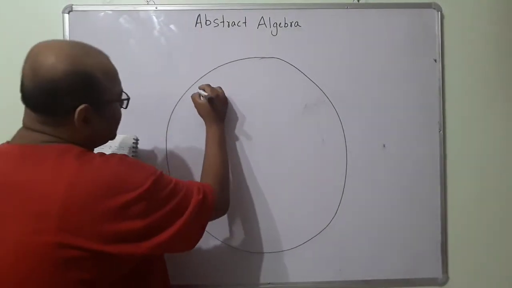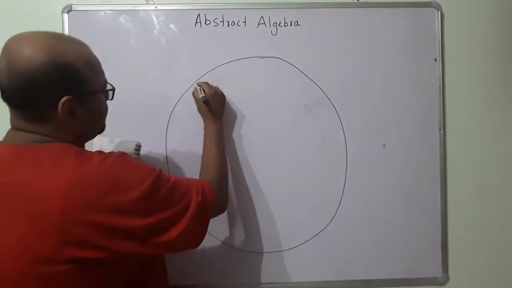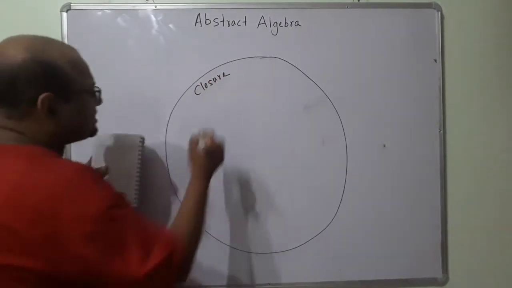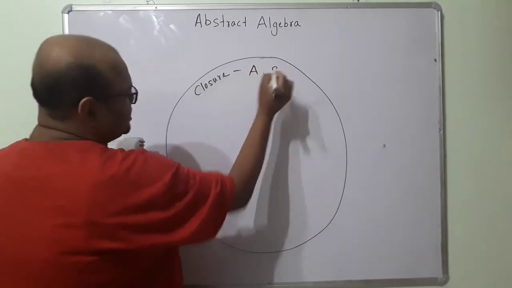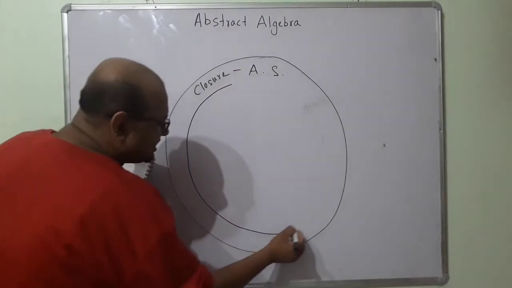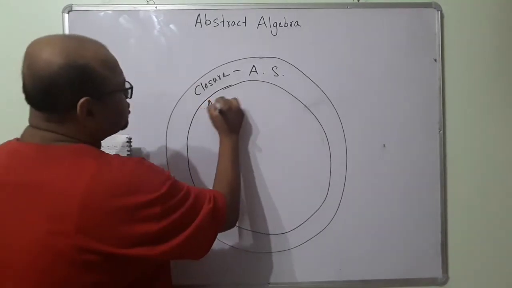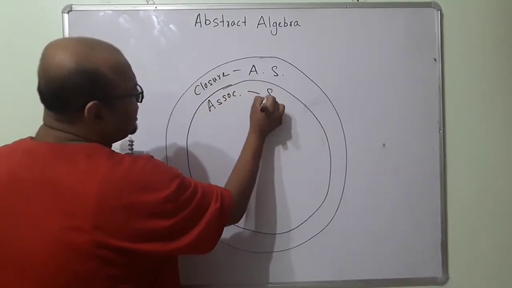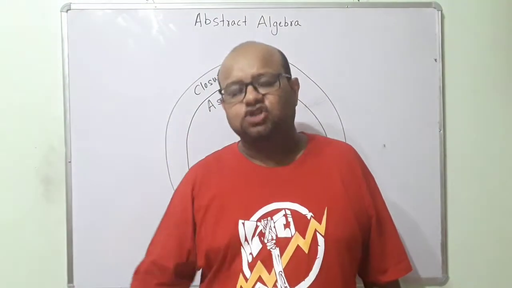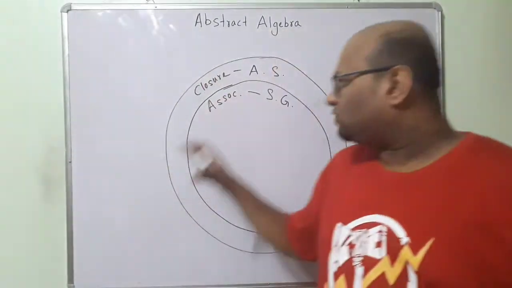If some set is closed, or let me write down closure. If closure property is satisfied, then we say it's an algebraic structure. Okay, so among all these algebraic structures, if associativity is also satisfied, then we say it's a semi-group. Okay, first it has to be an algebraic structure. It has to be closed, and then it has to satisfy associativity.